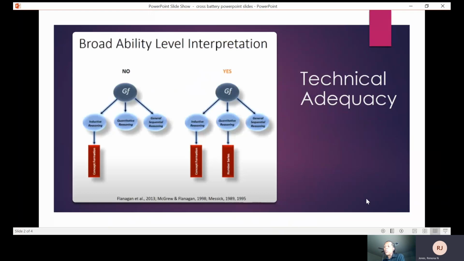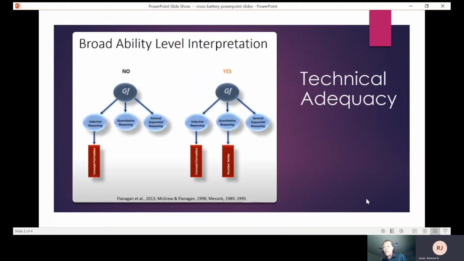Cross-battery assessments also provide results that remove ability and construct underrepresentation. This means that the individual assessments alone have too few subtests that measure narrow abilities, and cross-battery assessments rectify that issue.